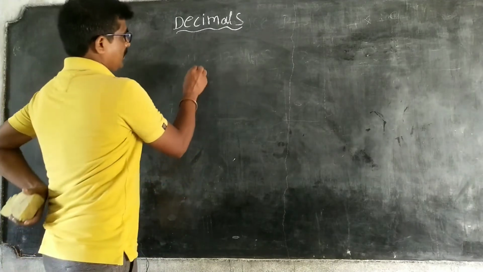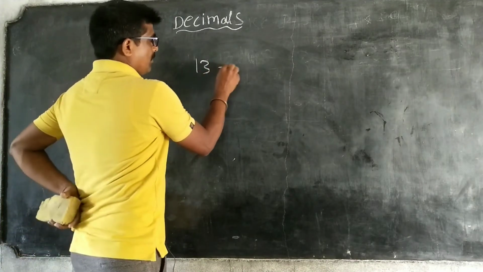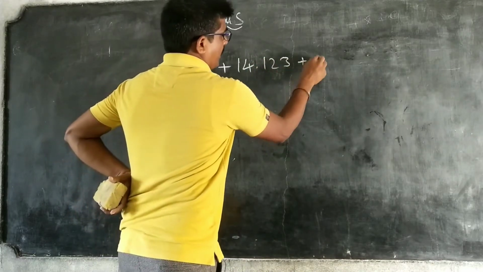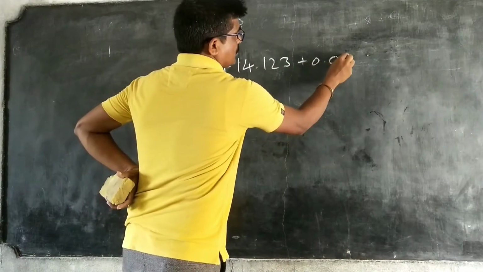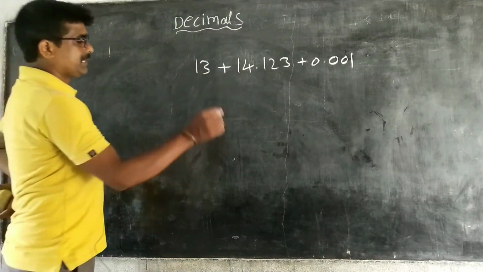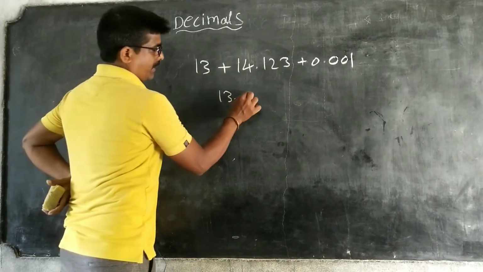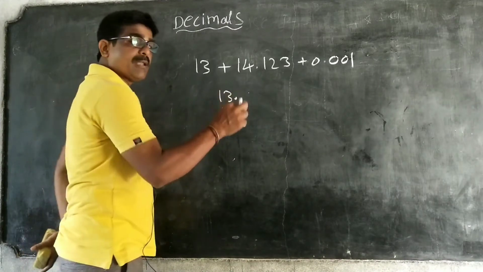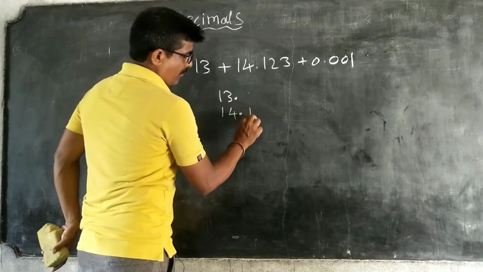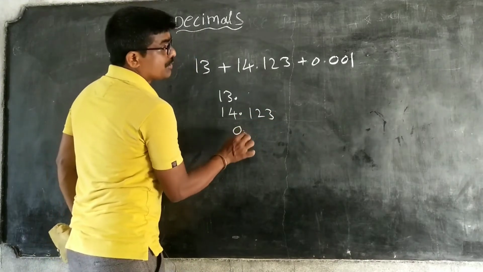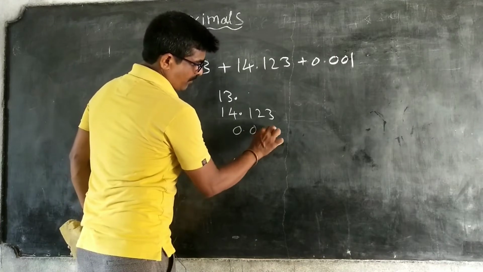For understanding, I am telling one addition also. For example, 13 plus 14.123 plus 0.001. How do we add? Simple thing, already known. 13, point as it is. 14, first we go based on the decimal part only. Next 1, 2, 3. Next 0.001.